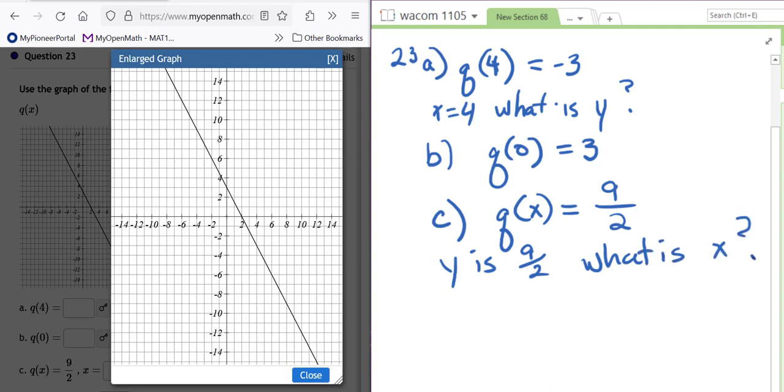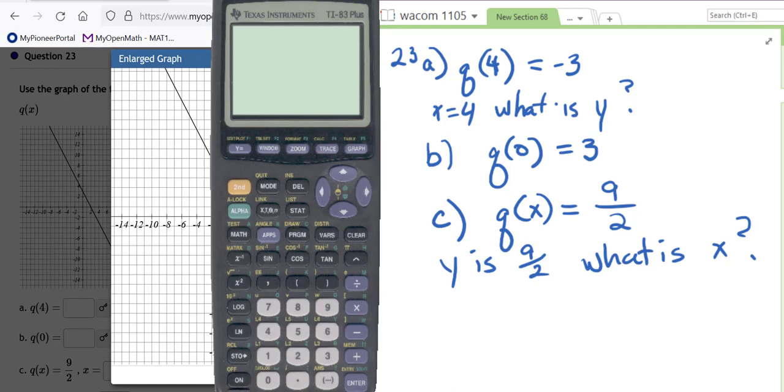Graphing is a place where mixed numbers or decimals are easier than an improper fraction. So I would divide that out, and you can do it just on a calculator. 9 divided by 2, you could do it by hand. It's 4.5.